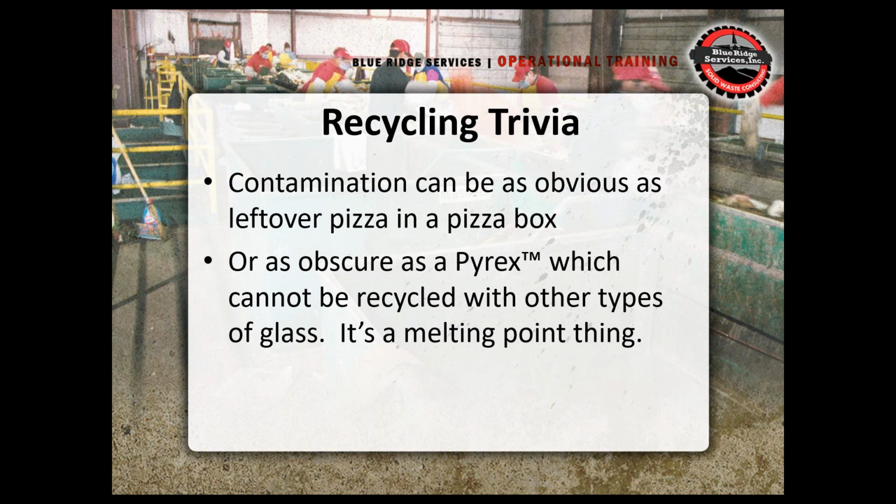Just imagine a Coke bottle made from recycled glass, and there's a little chunk of Pyrex in there that never melted. Now you've got this newly formed Coke bottle with new melted glass, and a chunk of Pyrex that didn't really become part of it. It made a flaw in there. Under pressure or at different times, that can cause the glass to break.